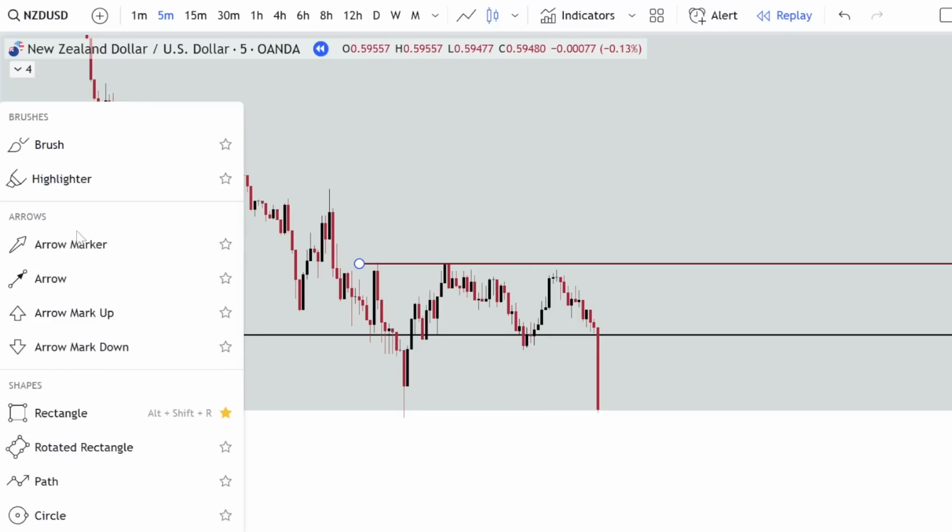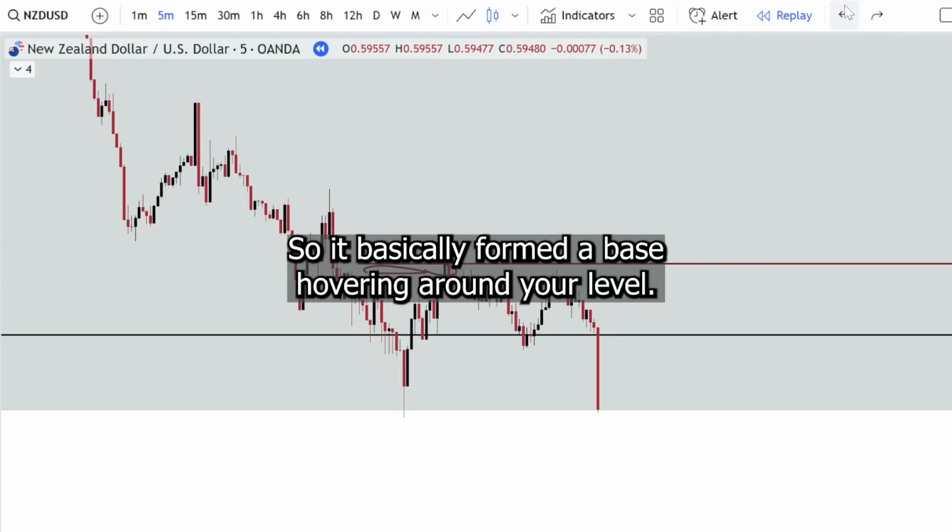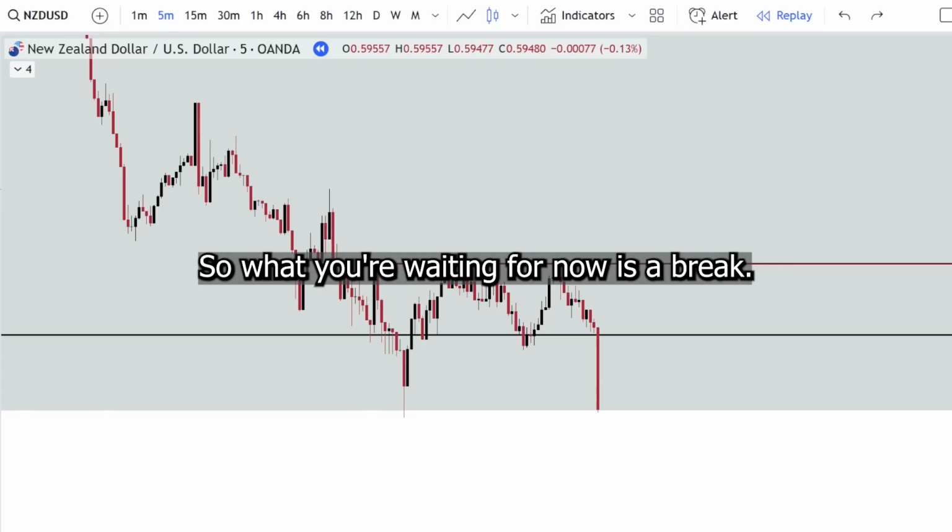Price rejected from this level once, twice, 3 times. So it basically formed a base hovering around your level. So what you're waiting for now is a break.